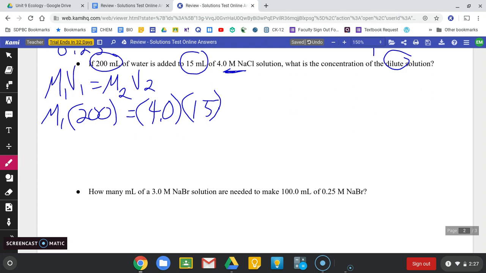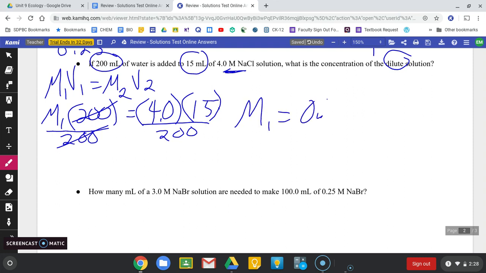We're not solving for milliliters, so our M1 is just going to be molarity, and boom, there we're done. You can answer this by dividing each side by 200. Cancels out over here. So 4 times 15 divided by 200, 0.3 for the molarity.